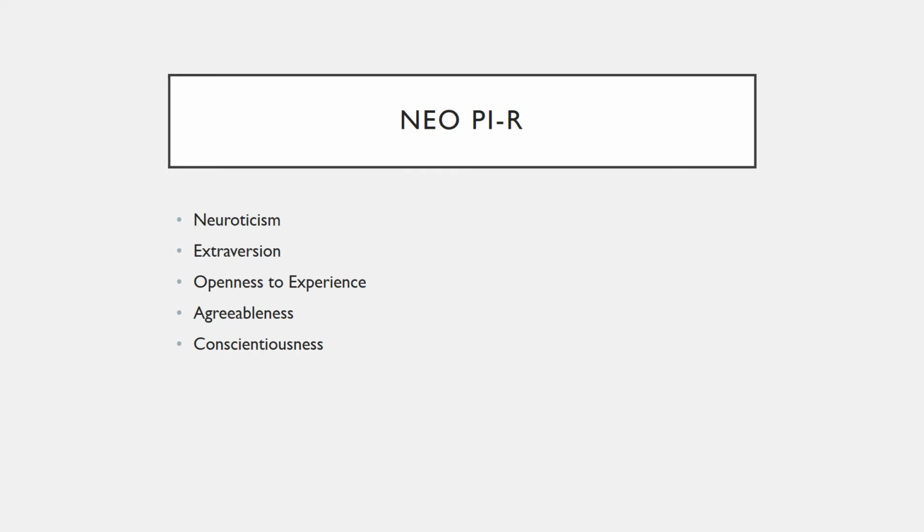Another pretty well-known personality assessment is the NEO Personality Inventory, or the NEO-PI, and there's a revised version, so it's known as the NEO-PI-R. This is built from the 5-factor model of personality, and so it breaks aspects or traits of a person down into some different dimensions.